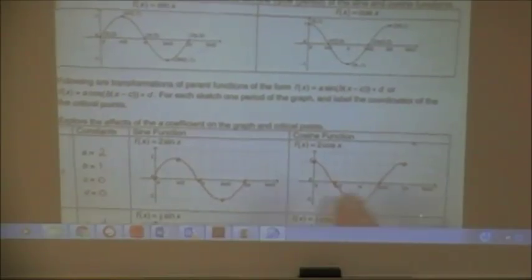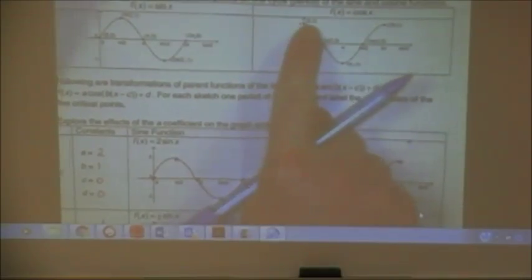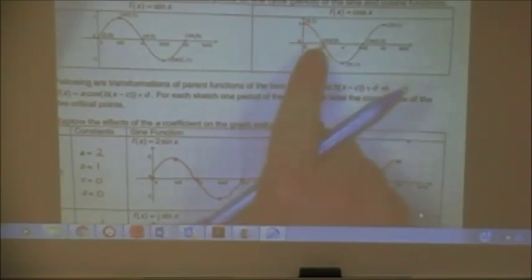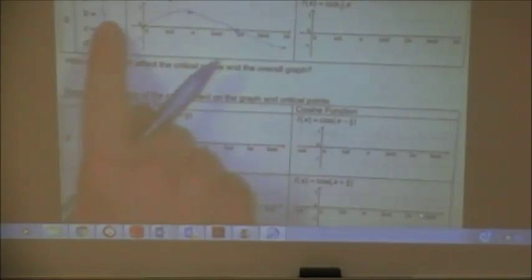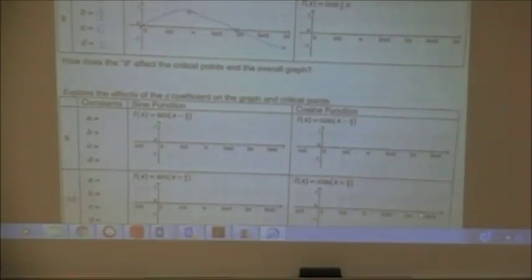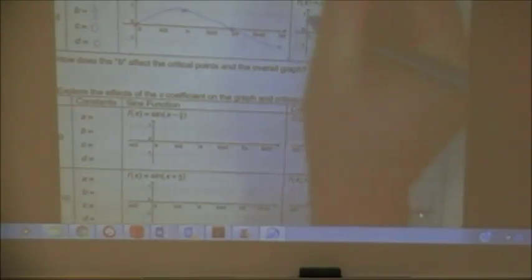Similarly, on this one, I had my first point at (0, 1), that's not going to change. But my next point was at (pi over 2, 0). But because of this half, that's the same thing as multiplying by 2, it's now going to be (pi, 0).